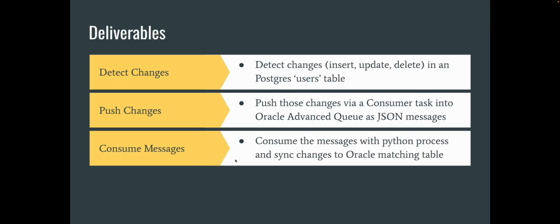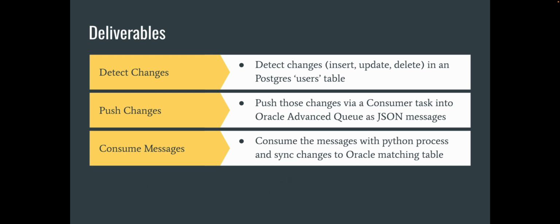So let's talk about the deliverables here. What are we building? We'll detect the inserts, updates, and deletes happening in the Postgres users table. And we'll push those changes via a consumer task into Oracle Advanced Queue as JSON messages.